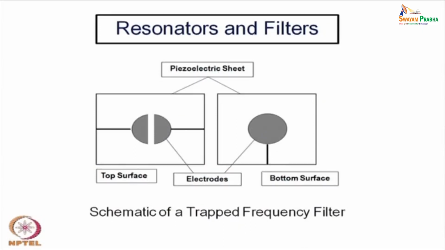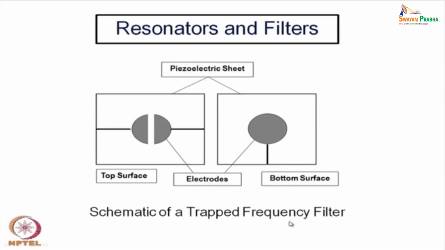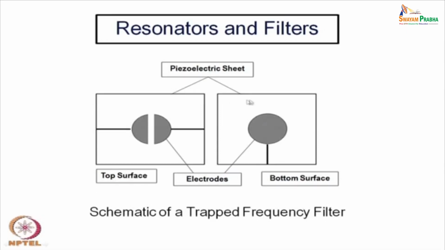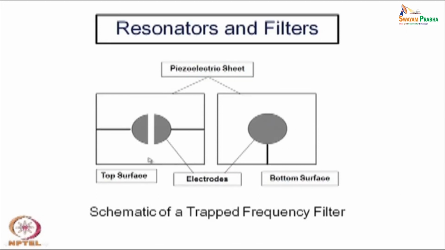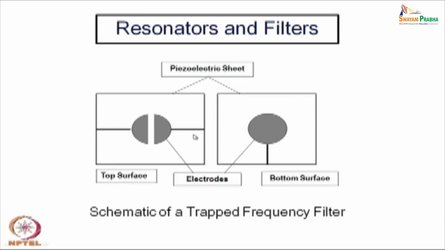In fact, it is a thin wafer kind of piezoelectric system, and then you have two electrodes. One is the bottom electrode, which is a fully circular electrode, whereas the top electrode has been bifurcated into two pieces, isolated by an insulator. Okay.